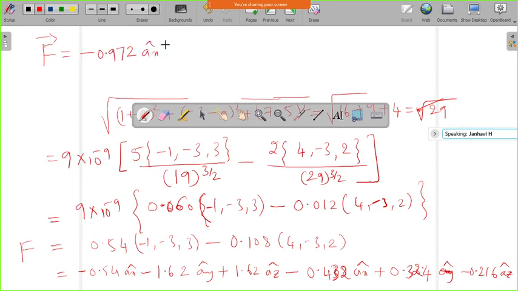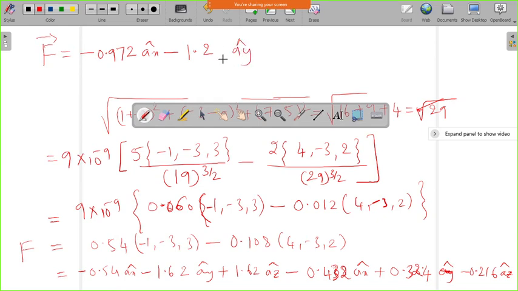Yes, 0.972 AX. And AY is minus 1.62 plus 0.324, around it is 1.2 it will come. Again it is minus only, because this magnitude is higher, this is minus 1.2.